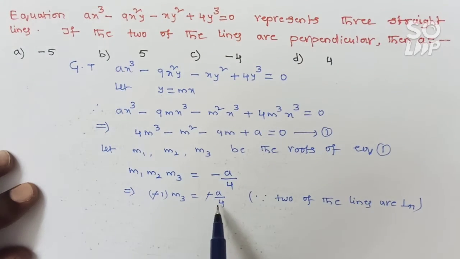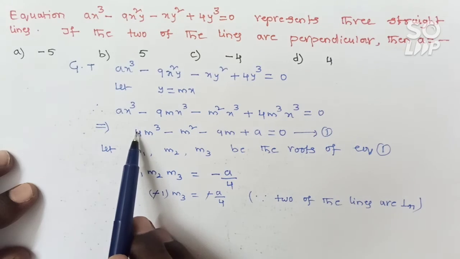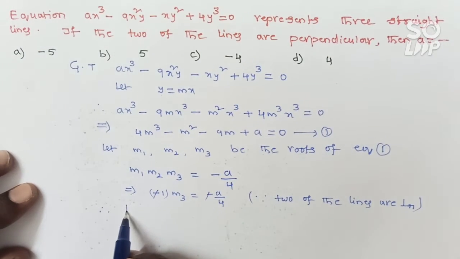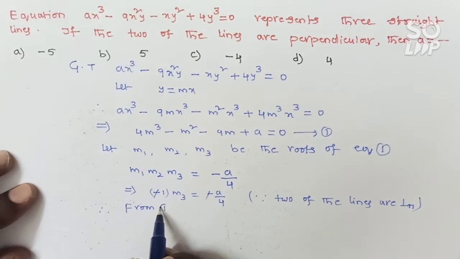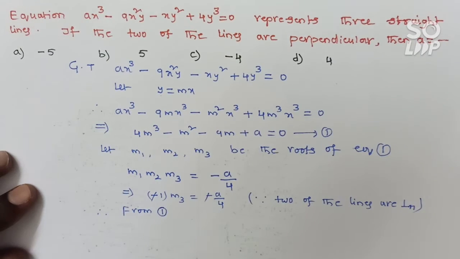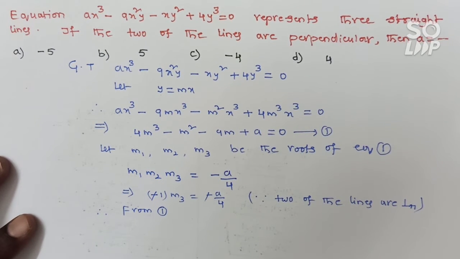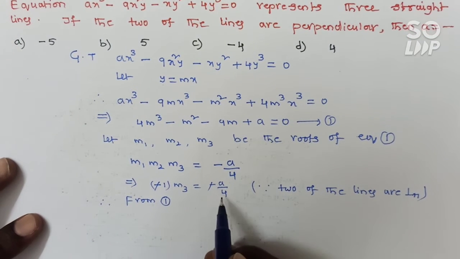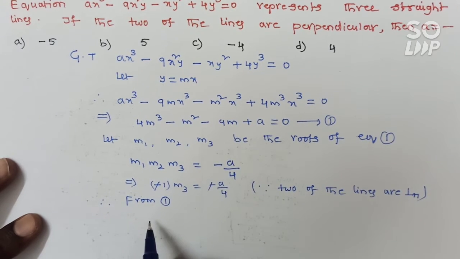So now you substitute m3 equals a by 4 in the above equation 1. That means here you substitute m equals a by 4 in this one.